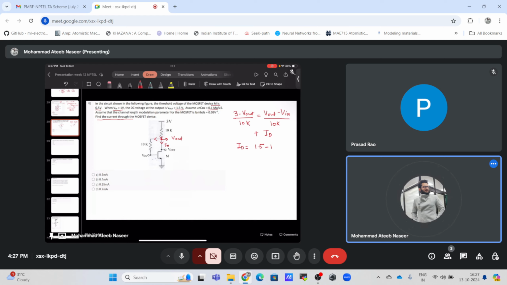Vout is 1.5, so it's 0.5 by 10K, so it is simply 0.1 milliamps. So it's option B. What we have done is we have simply used the KCL at this node.